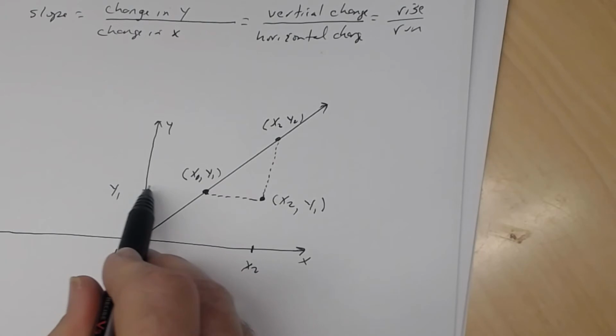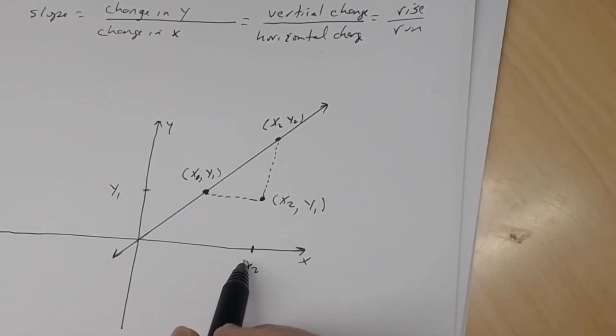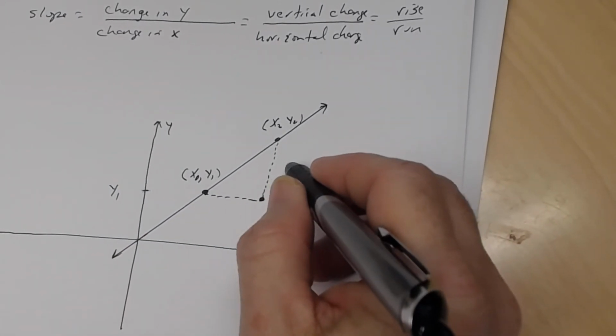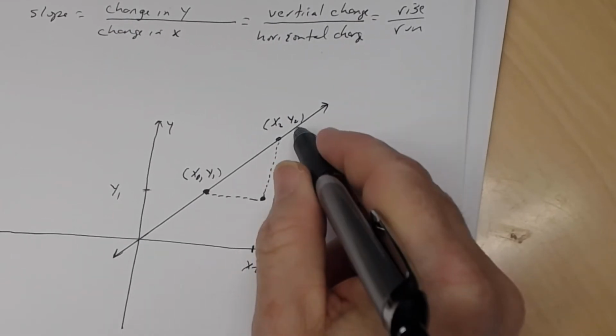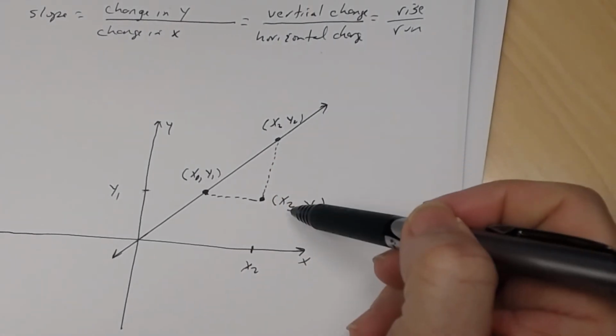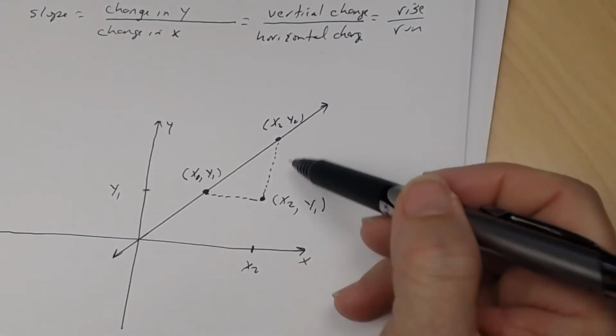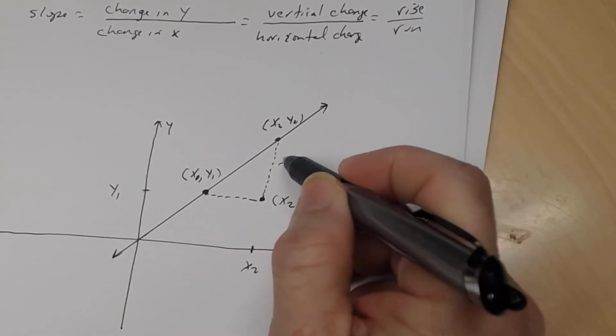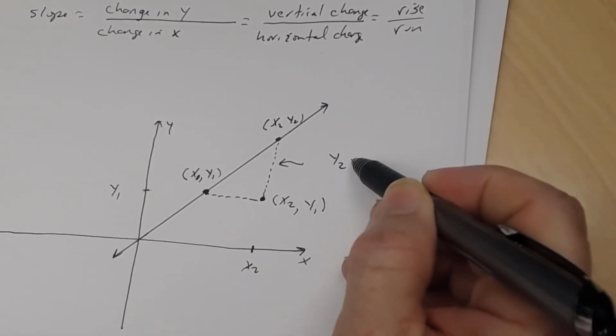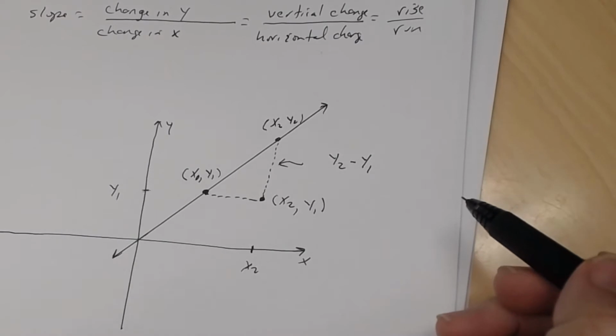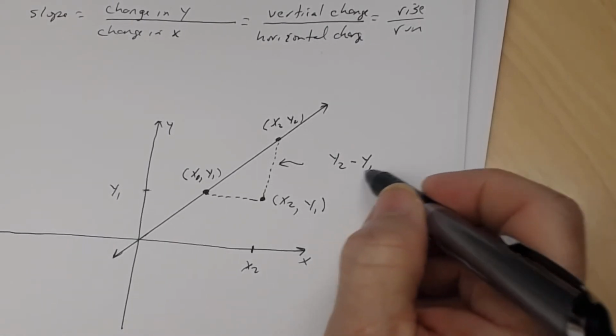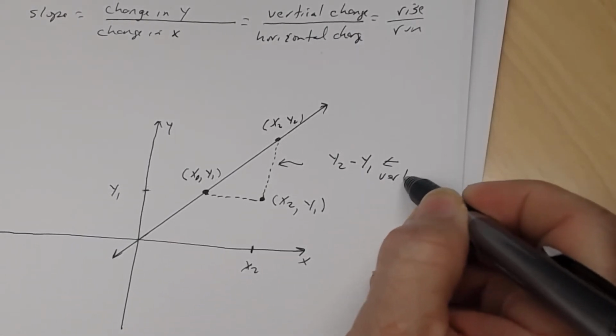and you're going to go up y1. Okay? All right, now what we just did a while ago was we subtracted the y coordinates. So this will be y2 minus y1. So that's your vertical change. Remember, this is your vertical change.